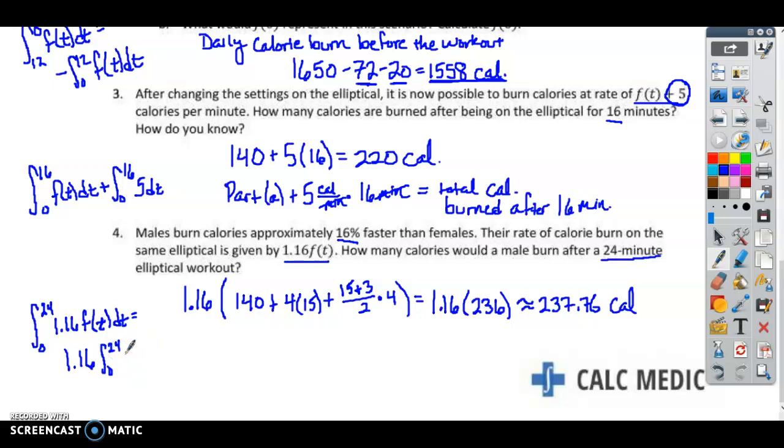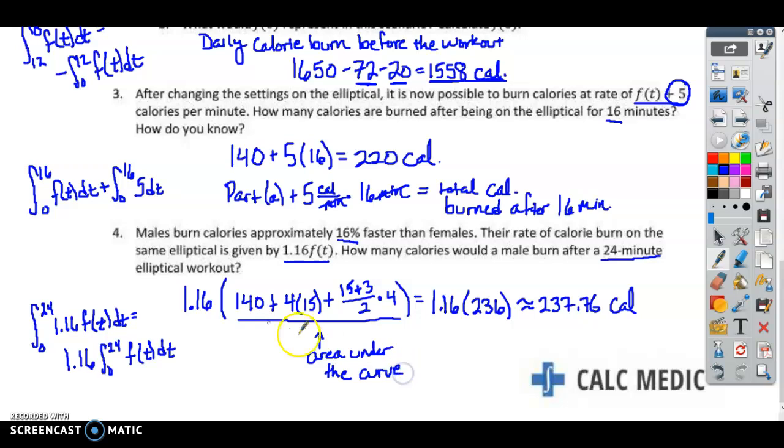When we multiply an integral by a constant, we just drag that constant on out front, compute the integral, and then multiply by the constant. We're computing the integral inside here. Why? Is this the area under the curve? Remember, an integral is the area under the curve.